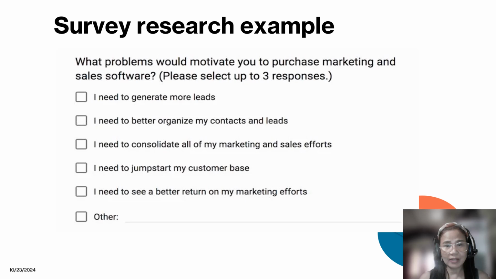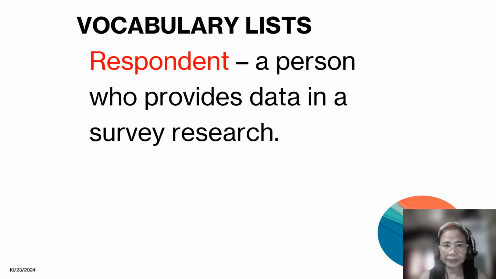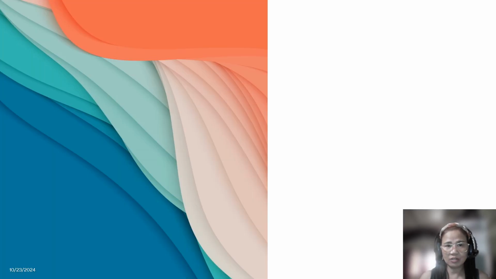So for you to better understand what a survey research is, this is an example of a survey research questionnaire, right? Next is the word respondent. It is a person who provides data in a survey research. This is the person who will answer your research questions. So let's start.